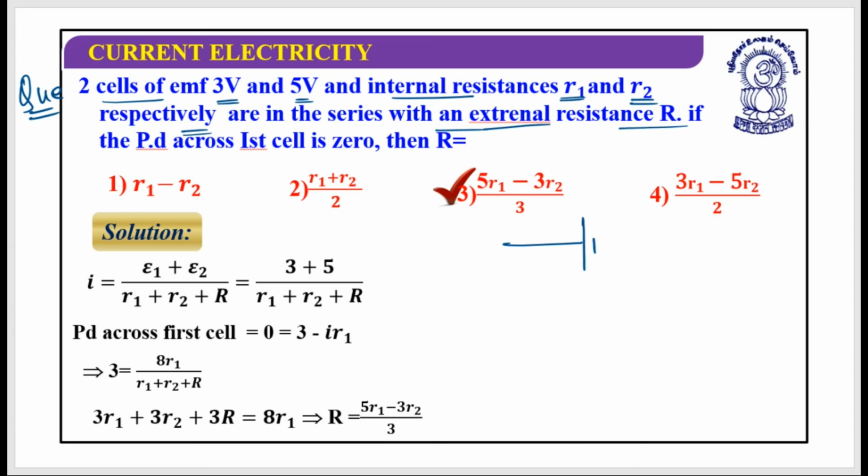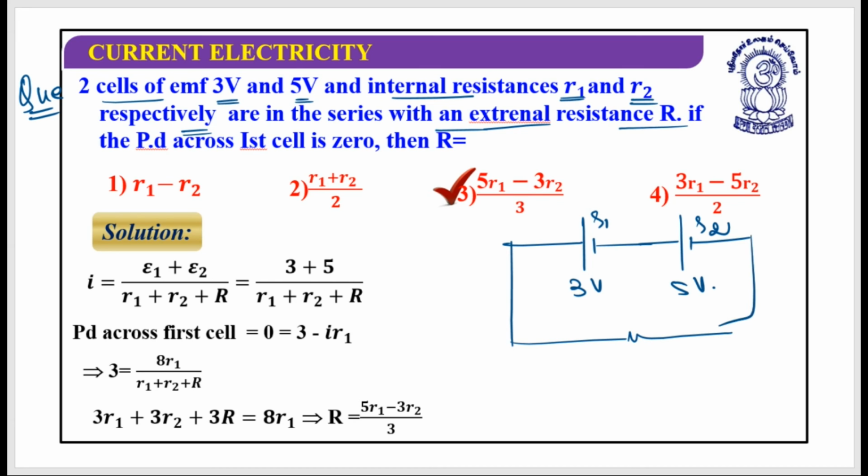The situation would be this is 5 volt, this is 3 volt, and this is 5 volt. This is resistance R1, this is resistance R2, and this has been connected with an external resistance of R.